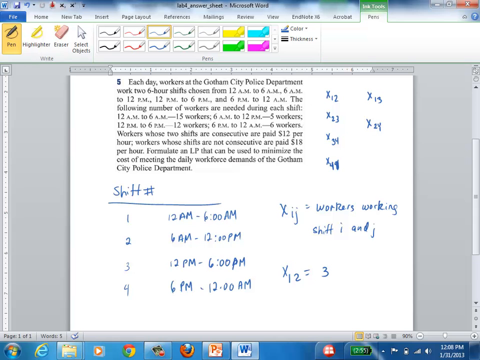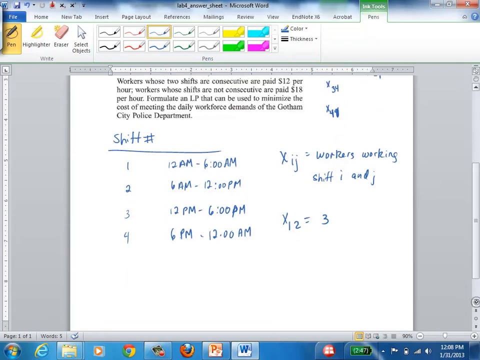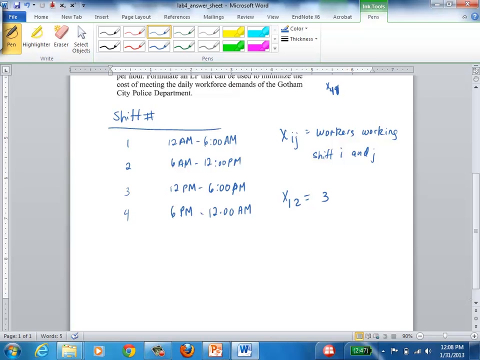So now we have this information, and using this we can formulate our objective function. You know that you're going to pay 8 hours, 12 hours, I'm sorry, for each employee, depending on their particular shifts.